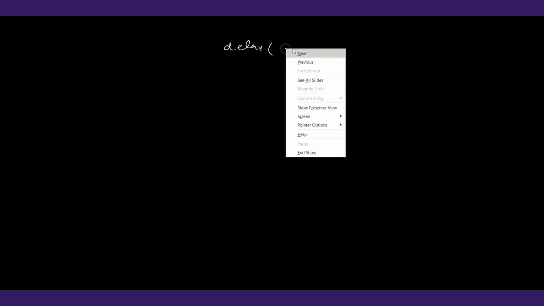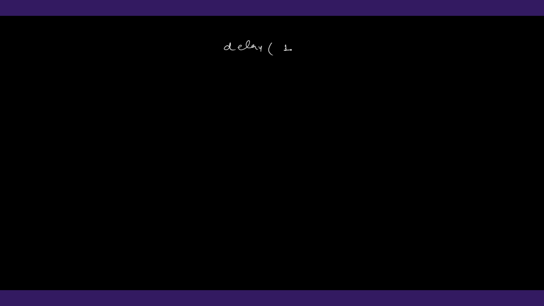From the main program, we call a delay function and pass the delay, let's say 1 second, so it is in seconds. Then the function is void delay(int i).